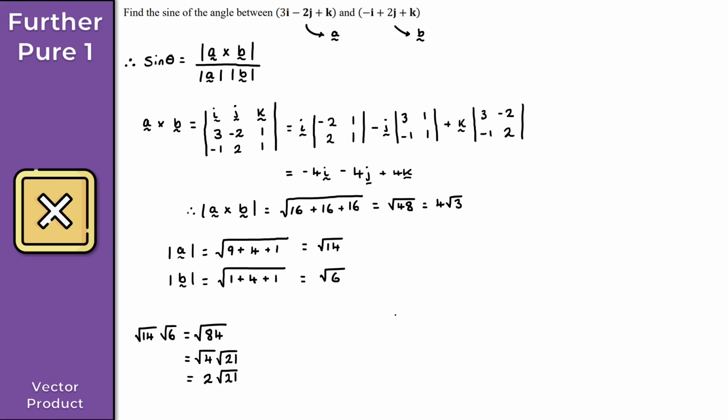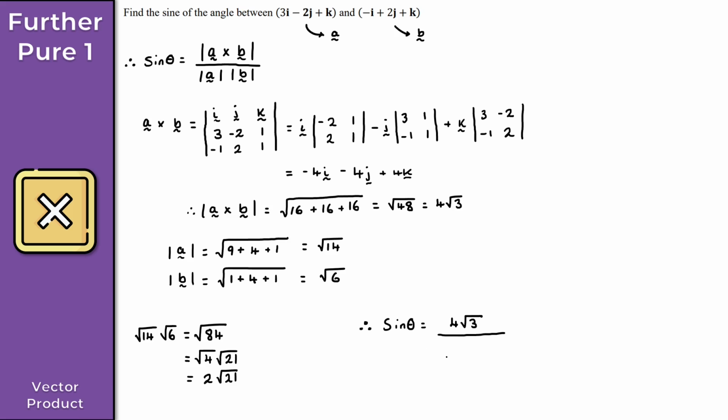Okay. So altogether then, what we've got here for sine theta is equal to the magnitude of this cross product, the vector A crossed with the vector B, which we've evaluated as 4 root 3. So for the numerator, we get 4 root 3. That's fine. Can't do anything further with that currently.